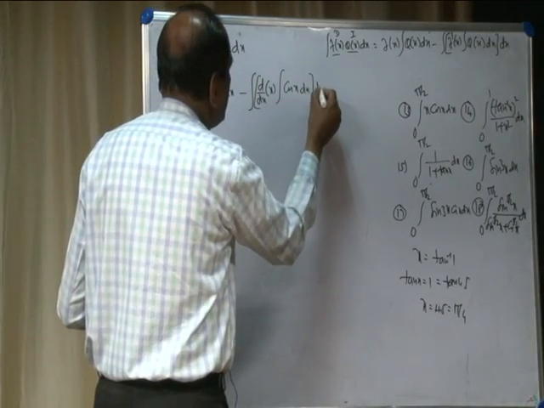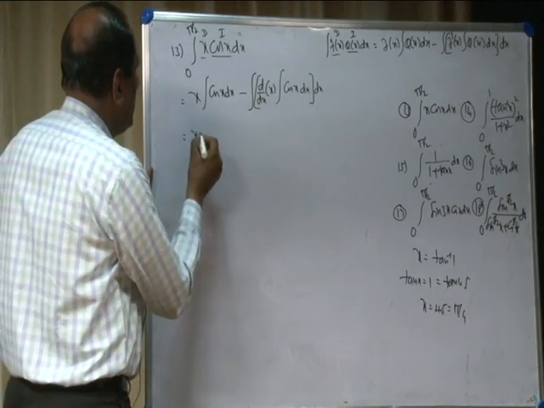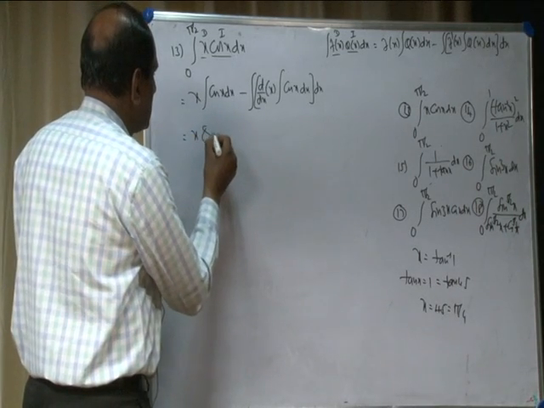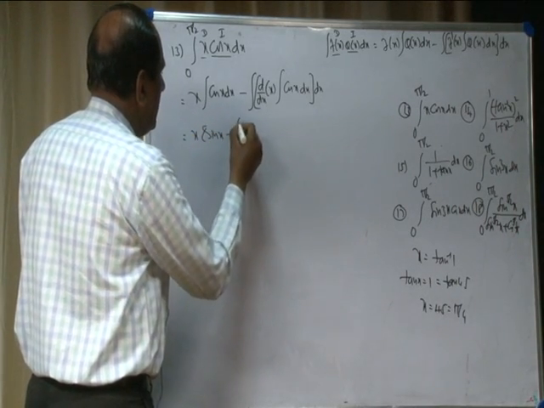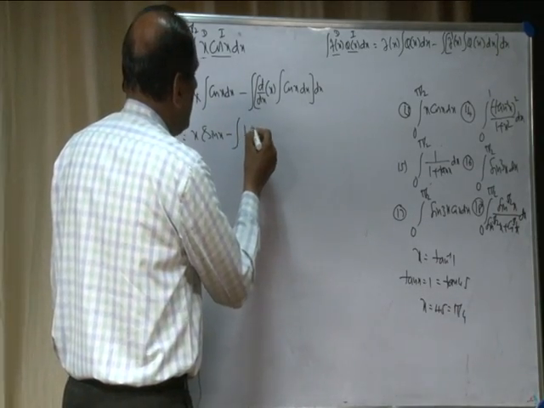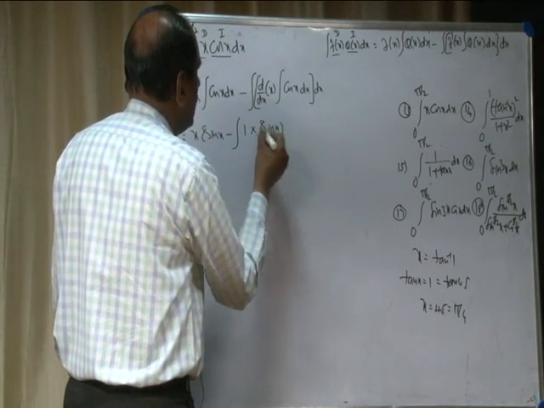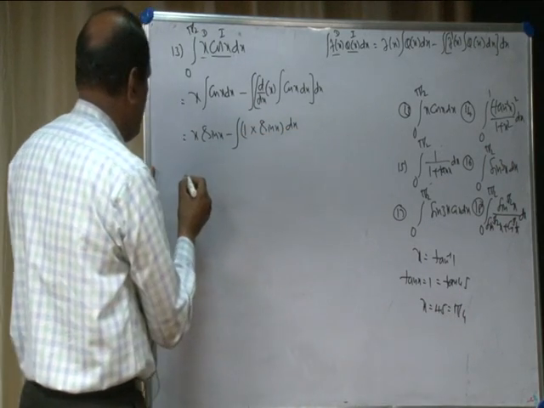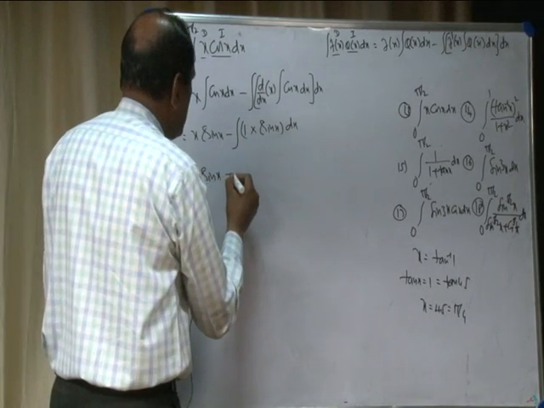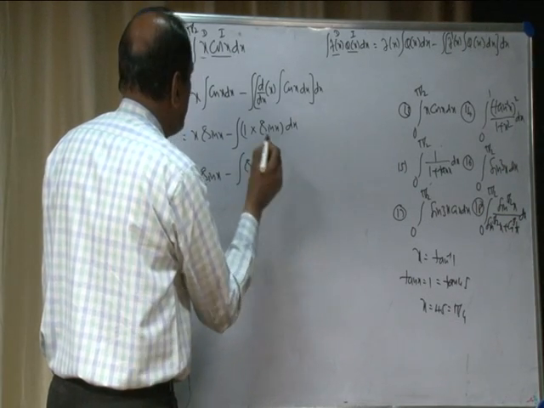If you write this step, then it is very easy to follow. x into integration of cos x with respect to x is sin x, so x sin x minus d by dx of x, which is 1, into integration of cos x, which is sin x, dx. That is equal to x sin x minus 1 into sin x dx.